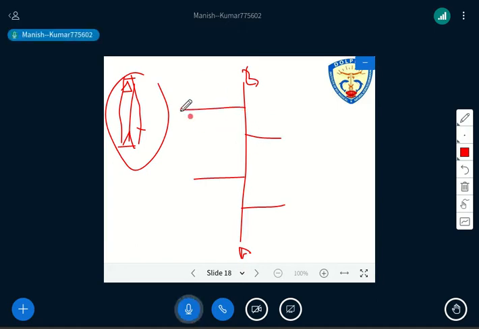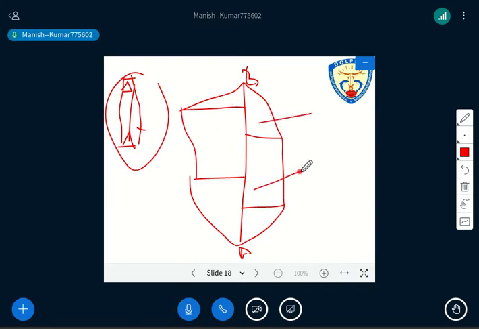Is it clear? And then you have to meet all these lines in the notebook. So you will get the figure either in the form of triangles or trapezoids. Now is it clear?